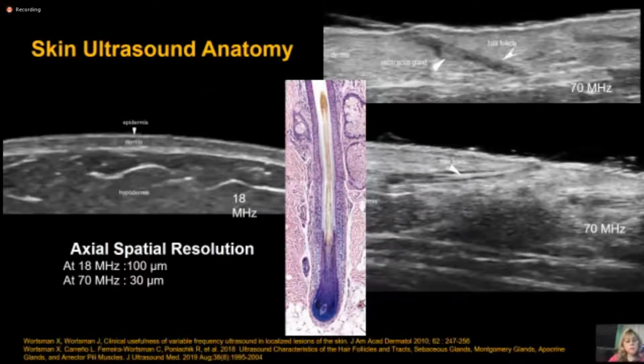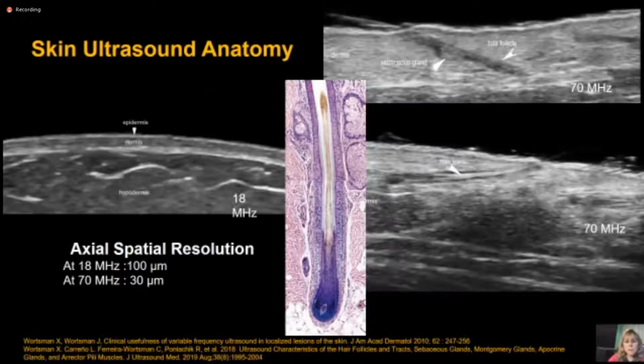In between the fatty lobules, you can see hyperechoic septa that are composed of the fibrous septa of the subcutaneous tissue. On the right, you can see the exquisite anatomy when you move up to 70 MHz. Please note that here you can see on top a hypoechoic band in the dermis that corresponds to a hair follicle.